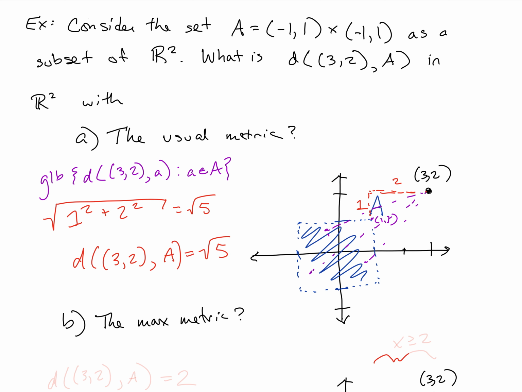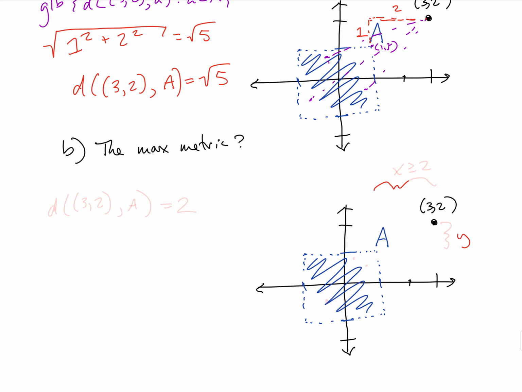How about in the max metric? In the max metric, again, it's going to be the maximum of the distances either in the x direction or in the y direction. And we see that each of the points in A is at least 2 away in the x direction.